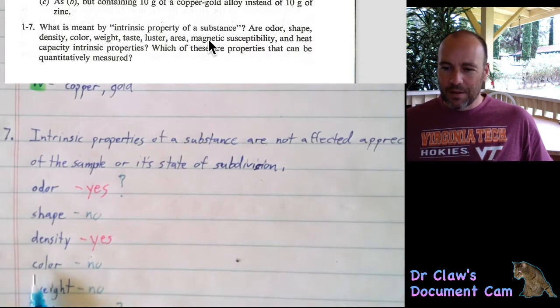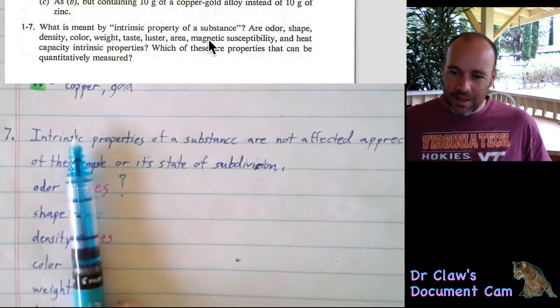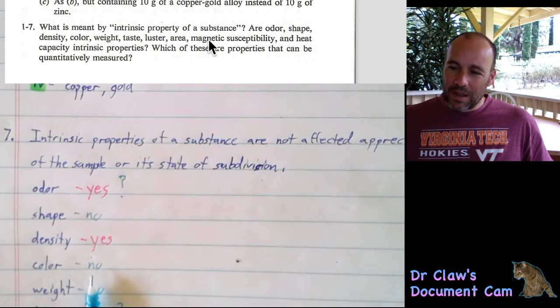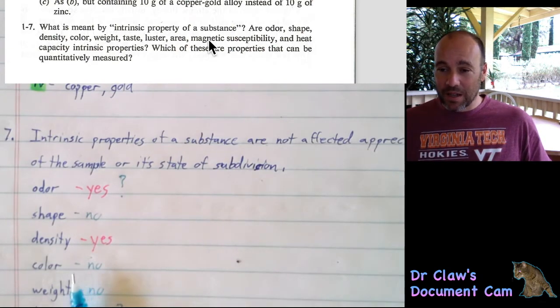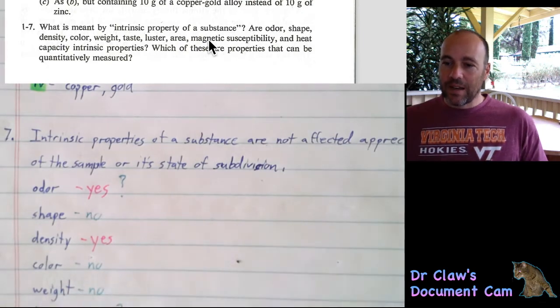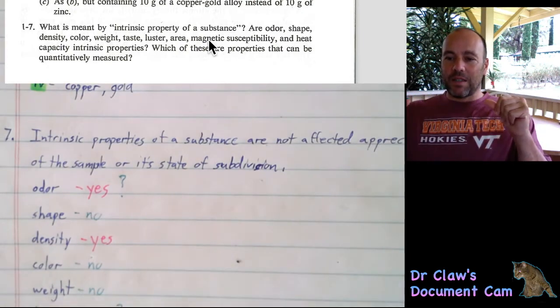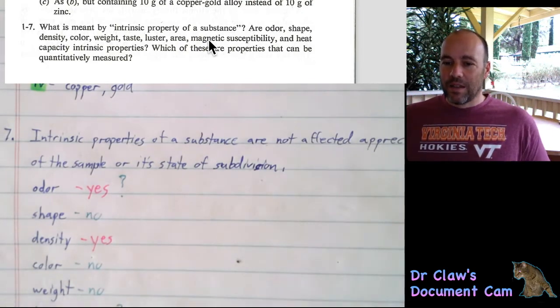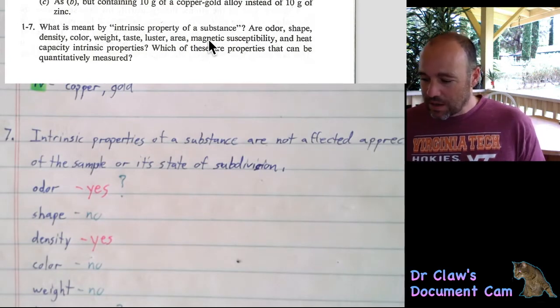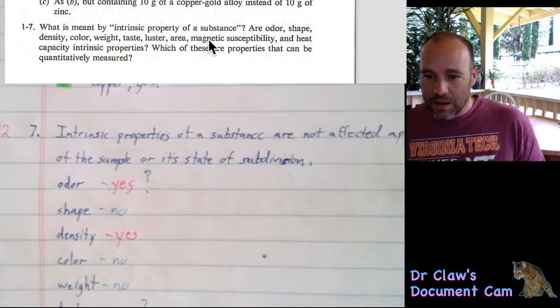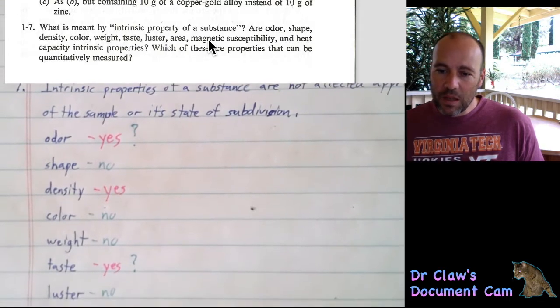The color, I would say color is not an intrinsic property. That's kind of weird. The textbook actually discusses how for finely divided substances, the color basically fades away. Okay? It fades away. This is discussed on pages 11 and 12.